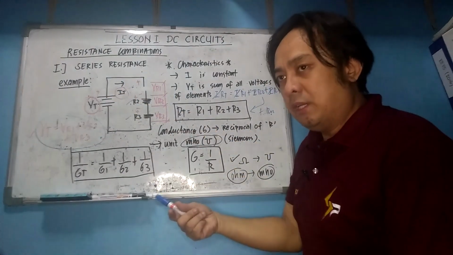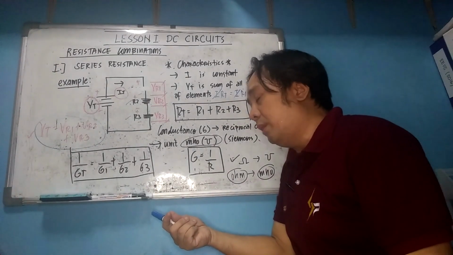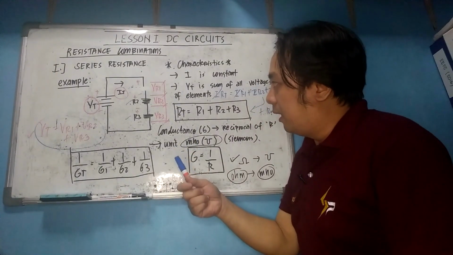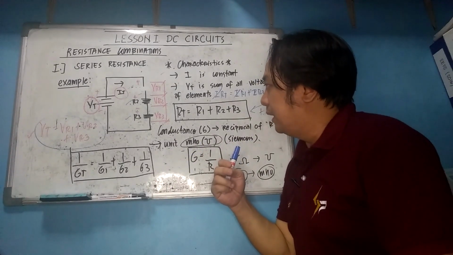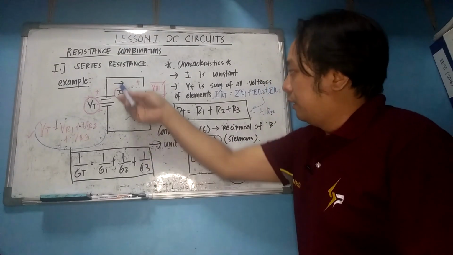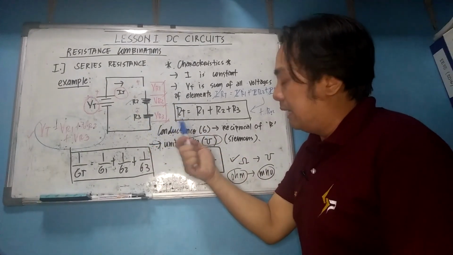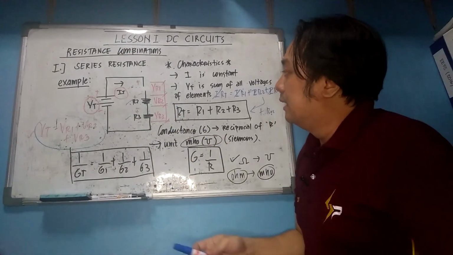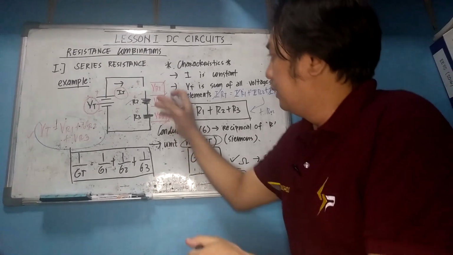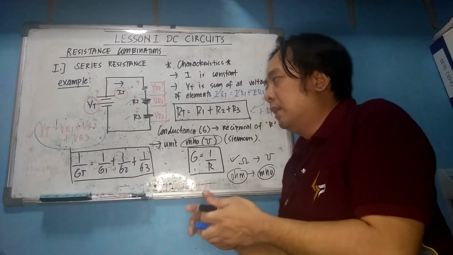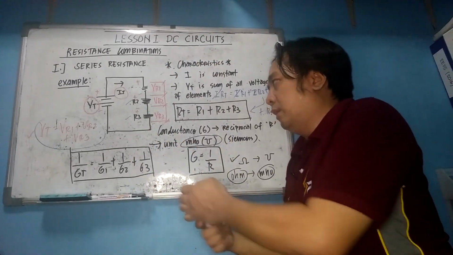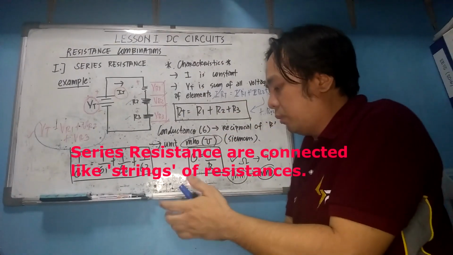It's like a Christmas light. Christmas lights are connected in series. If one of the bulbs is busted, or you open one of the bulbs, which is one resistance, then the other bulbs will not light. So when you say resistances connected in series, it's like a Christmas light or a string of resistances connected together.